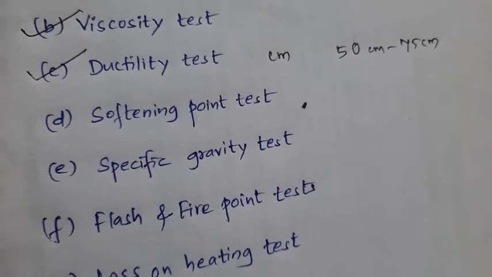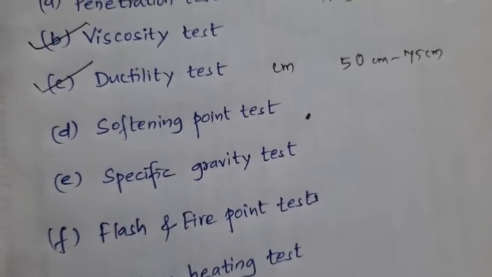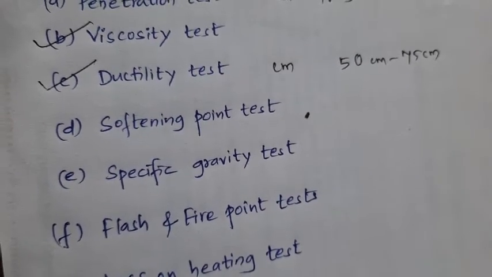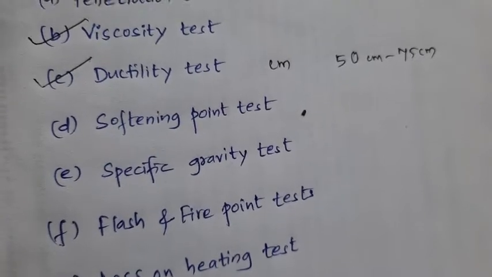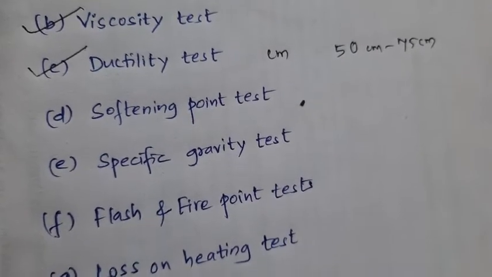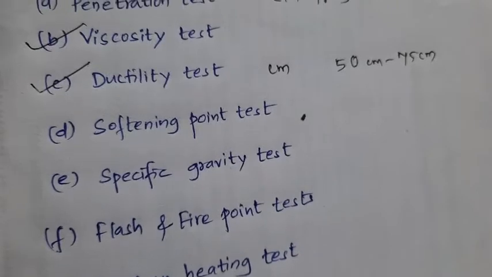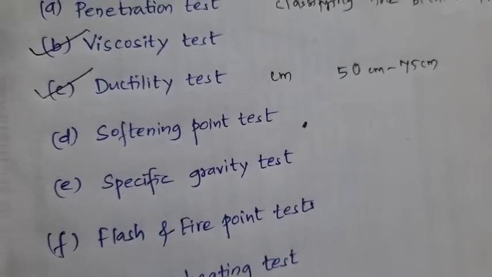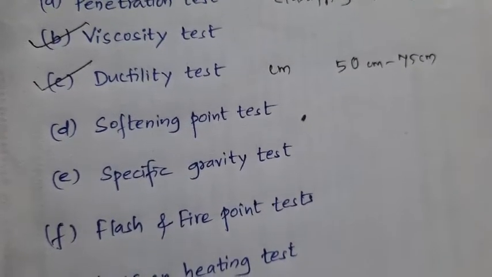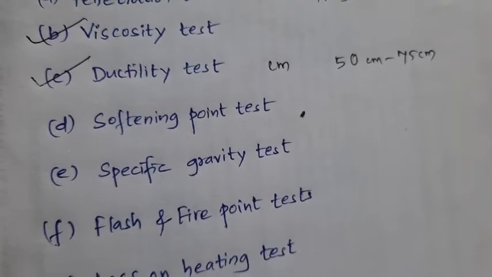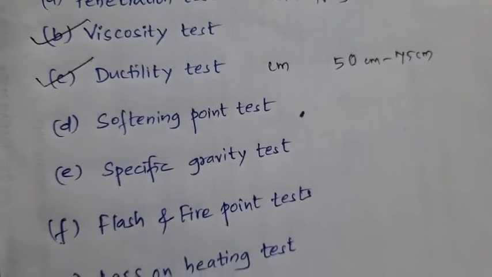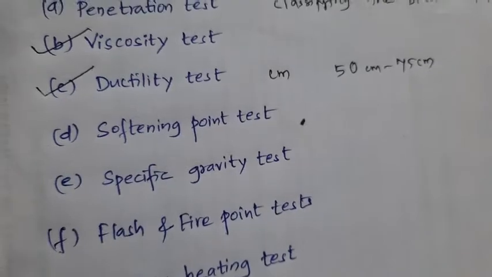If the binder does not possess sufficient ductility, what happens? It would crack and permit surface water to enter the pavement, resulting in rapid deterioration and failure of the pavement. That's the reason we find more potholes on the pavement surface. Clear? So that is important.